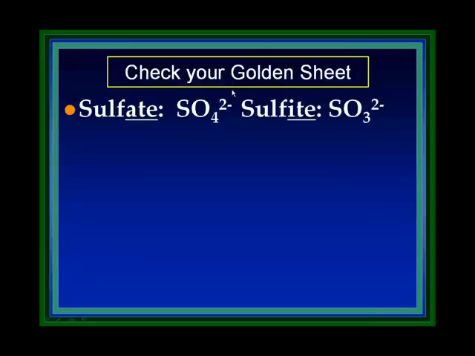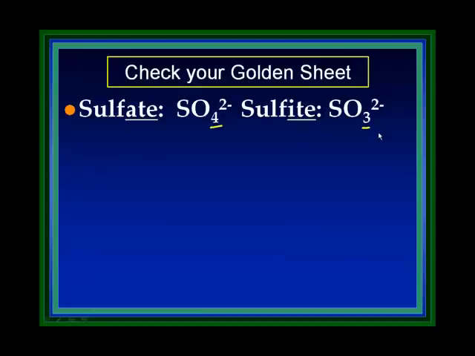Here's an example of 2 polyatomic ions: sulfate and sulfite. Notice sulfate is SO4 with a -2, and sulfite is SO3 with a -2. Usually the "ite" has 1 less oxygen than the "ate", but we're not worried about that. I'm not requesting that you memorize them at this point.